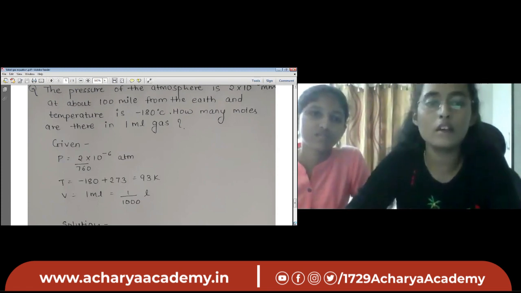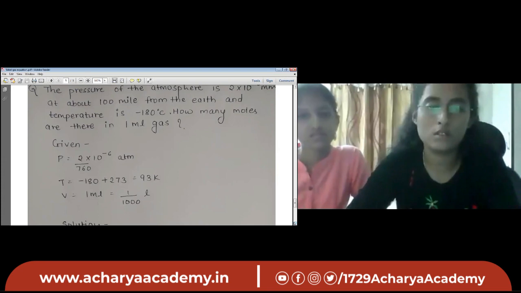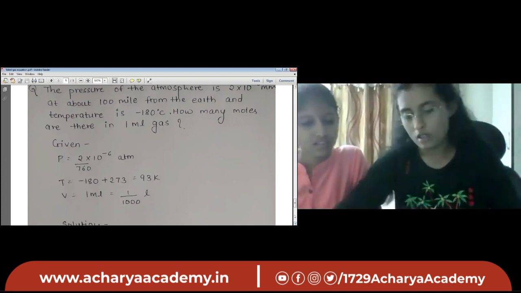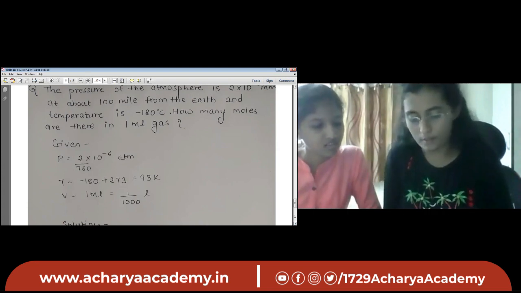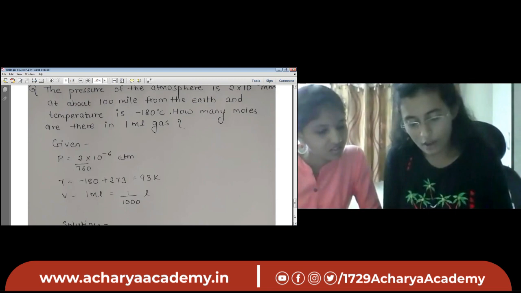You're given all the values, and here you have to find the number of moles. The value of R which you will be using is 0.0821. It's a very easy question, just calculations.